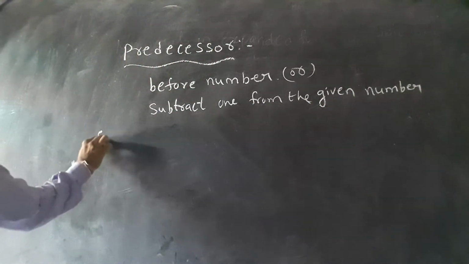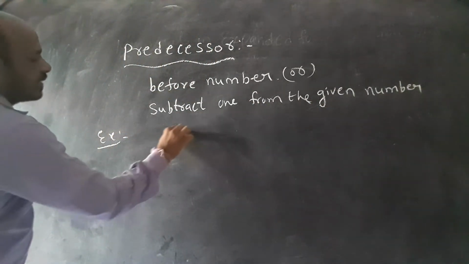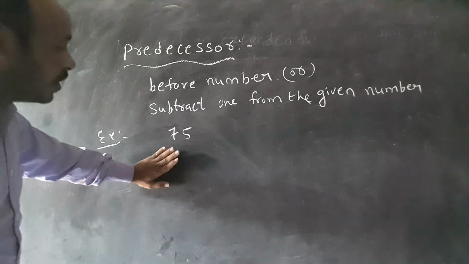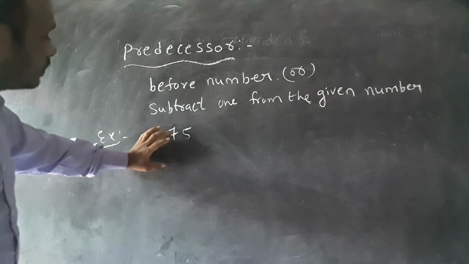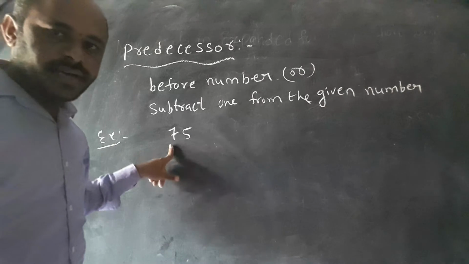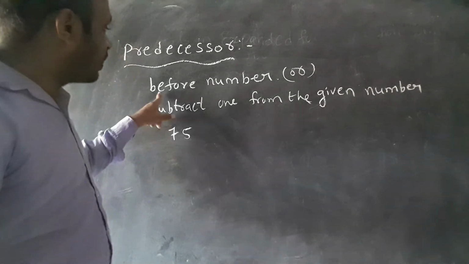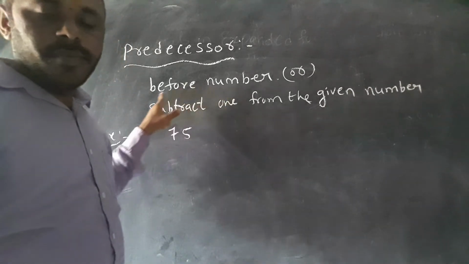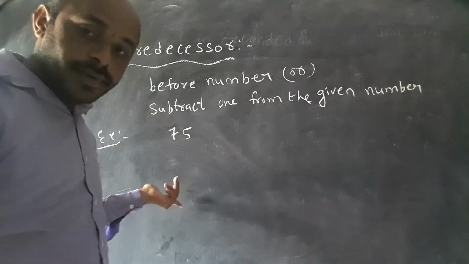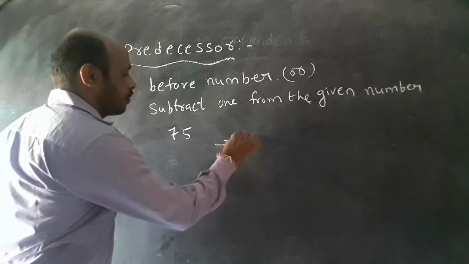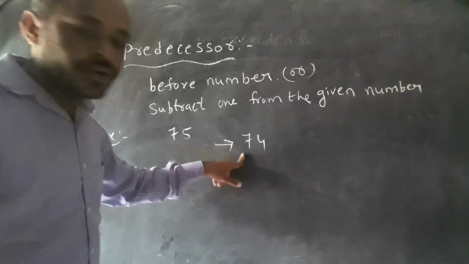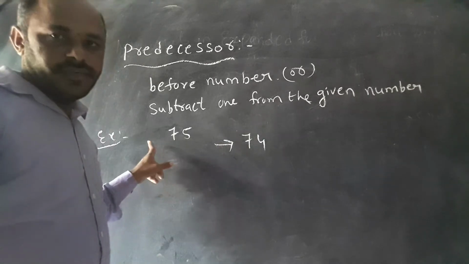Example, 75 is given. What is asked? Write the predecessor of 75. Predecessor definition is the before number. The before number of 75 is 74. Then 74 is the predecessor of 75.